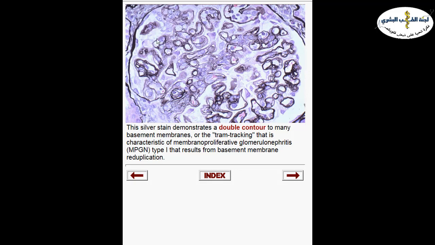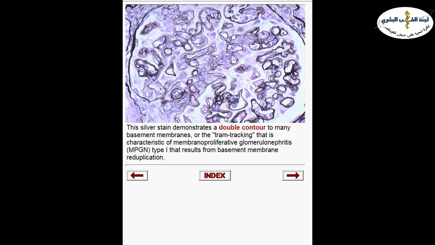If we want to look at the membranes, we said one of the good special stains is what? A silver stain. So this is the silver stain here in MPGN type 1 disease, and here we are going to look at the membranes. We said it should be just a single continuous black line, but if you look here, what do you notice? Double lining. Instead of one line, we have two basement membranes.